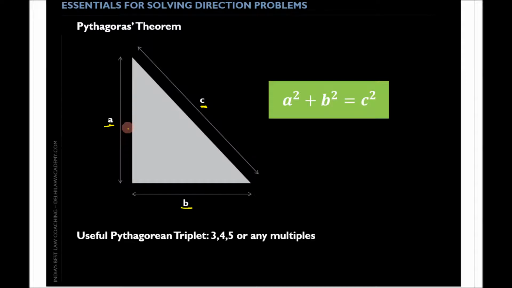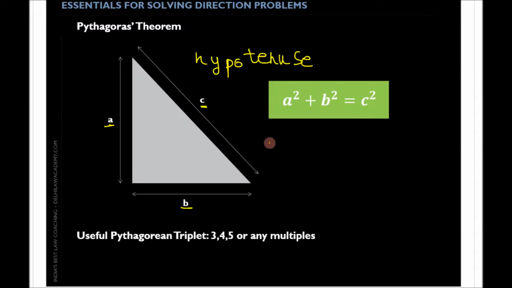So the sum of the squares of the two sides is equal to the square of the longest side. The longest side is actually called the hypotenuse. So that's literally Pythagoras' theorem's statement. The sum of the squares of the two sides of a right angled triangle is equal to the square of the hypotenuse.